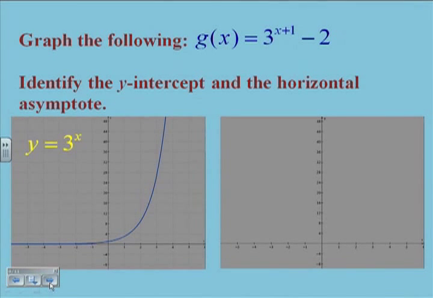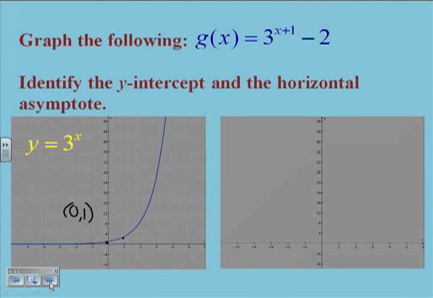So let's graph. The first one that I've given you here is my g of x function, 3 to the x plus 1 minus 2. To get us started, I've given you the graph of 3 to the x, and you see the horizontal asymptote. You see that I'm crossing the y-axis at the point 0, 1.